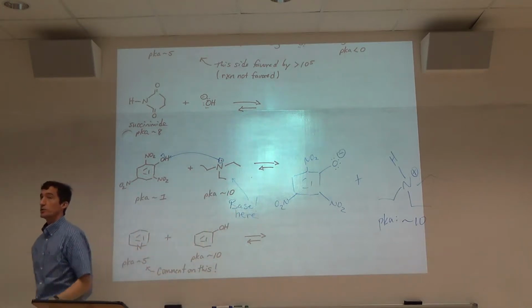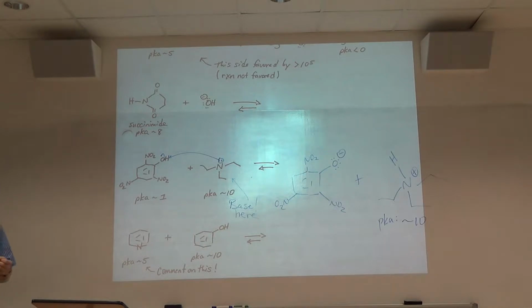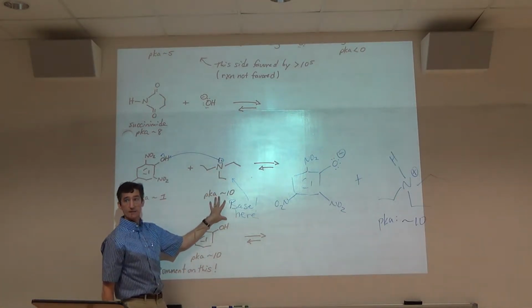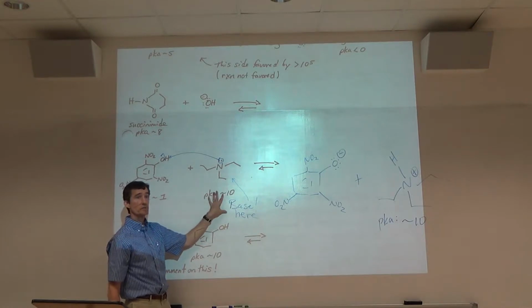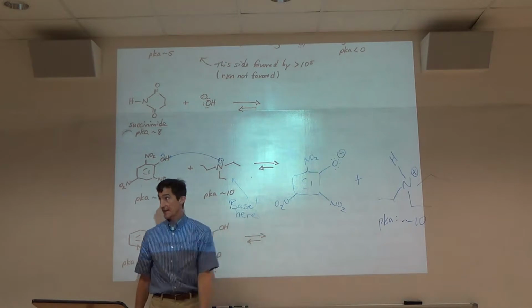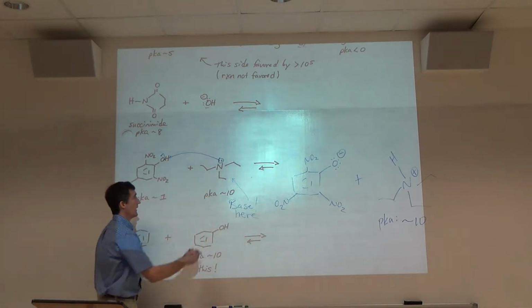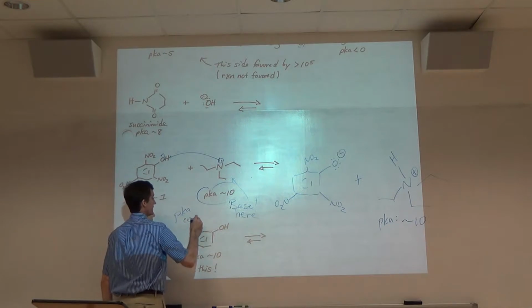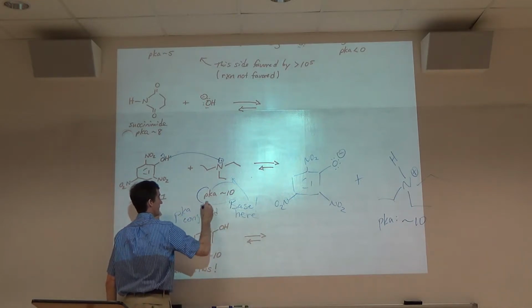See, in organic chemistry, we don't use pKb's. In organic chemistry with bases, we use pKa's, but the pKa describes what? Not the base, but the conjugate acid. This is pKa of conjugate acid.